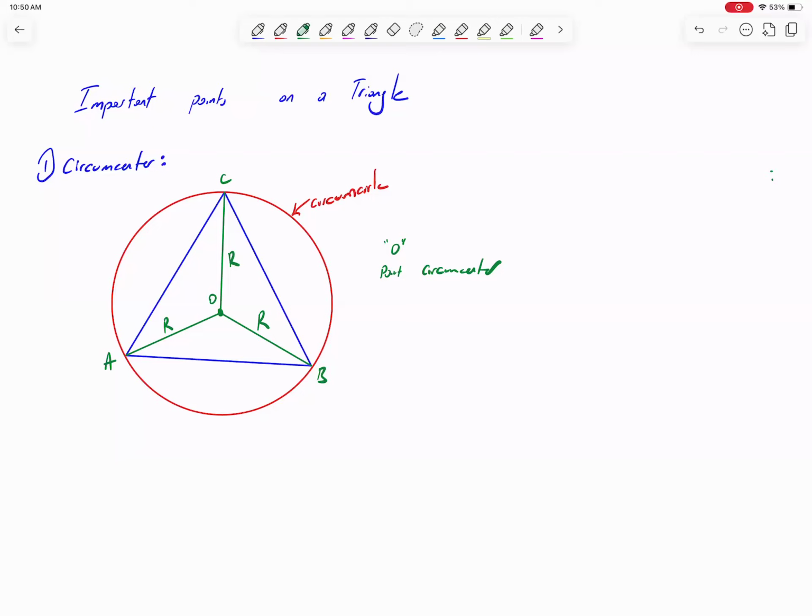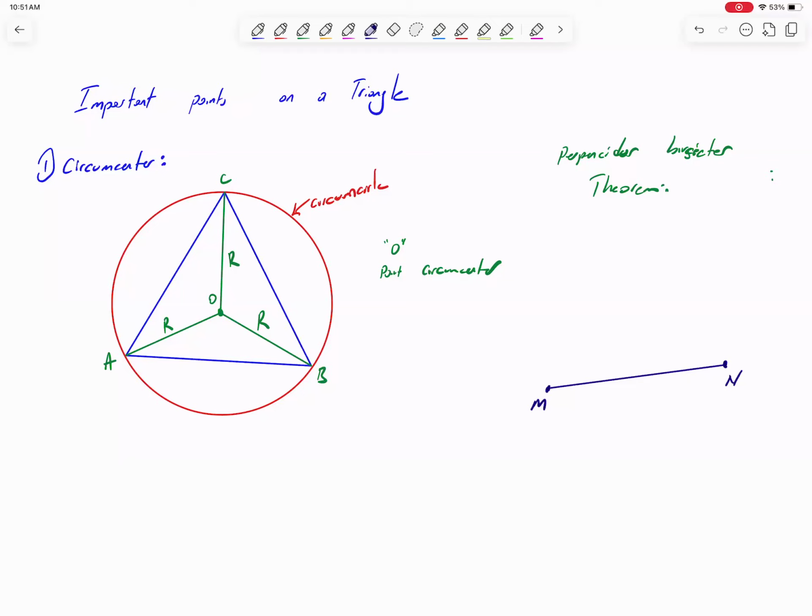So how can we locate this point? To explain that, we first have to explain the perpendicular bisector theorem. The theorem says, if we have a line segment, let's say MN, we would like to cut this line segment in the middle and perpendicularly.